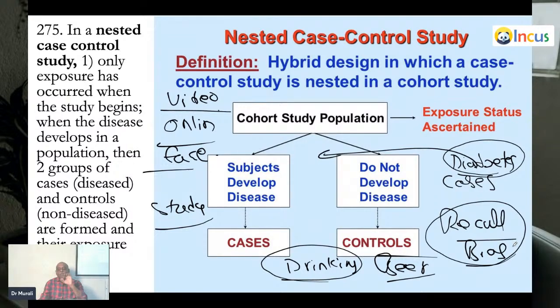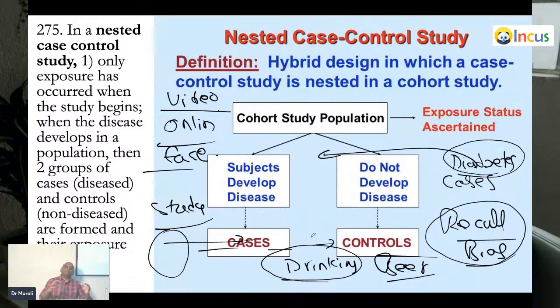Then suppose you want to do a cohort, what will you do for the same situation? You will take the guys who don't have diabetes, and make them drink beer. Regularly you will supply beer. You will open a wine shop and follow them over a period of 10 years, and after that you will check how many got diabetes.